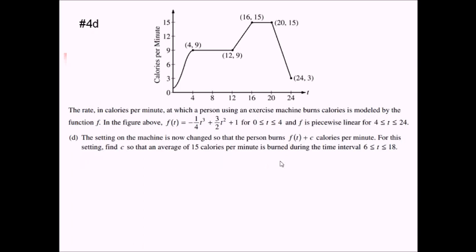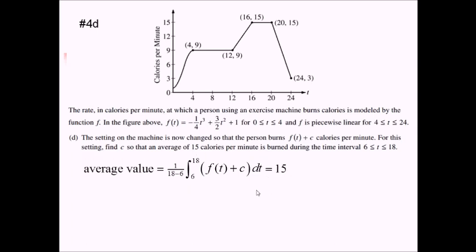So let me write an expression for the average value from 6 to 18 of this f of t plus c function. Average value, that's going to be 1 over the interval, so 1 over 18 minus 6, times the integral from 6 to 18 of this stuff, and then all of that should come out to a value they said of 15.